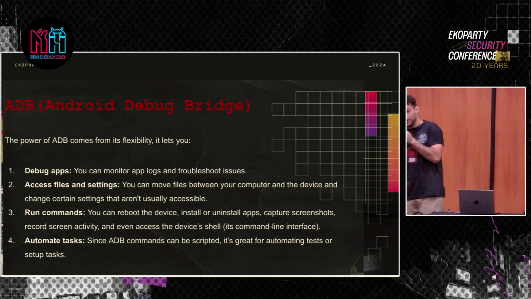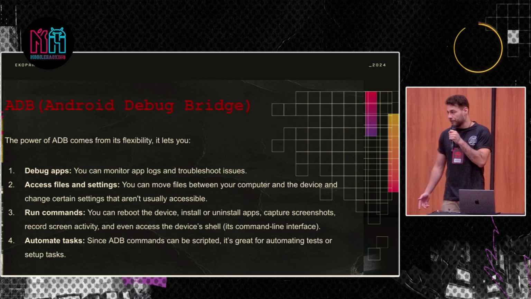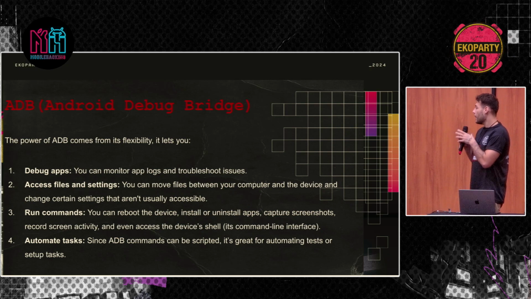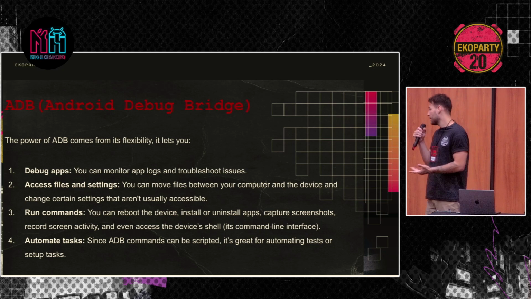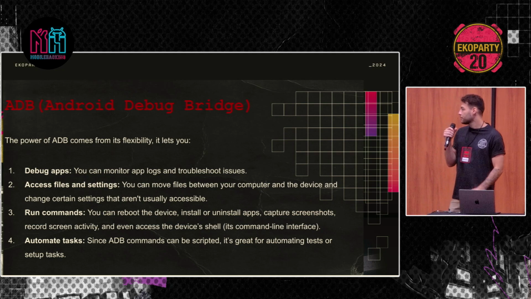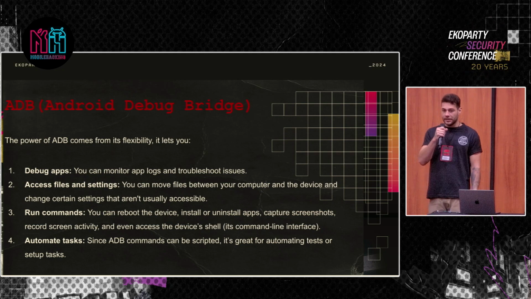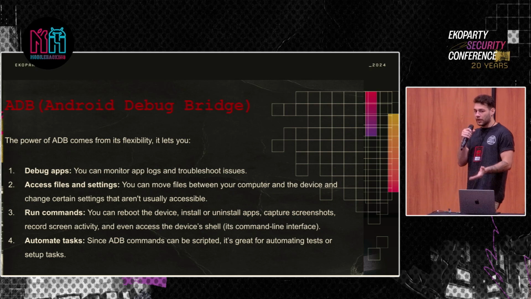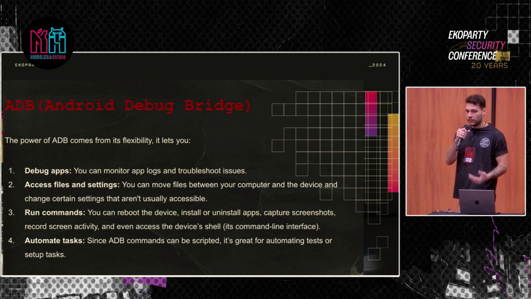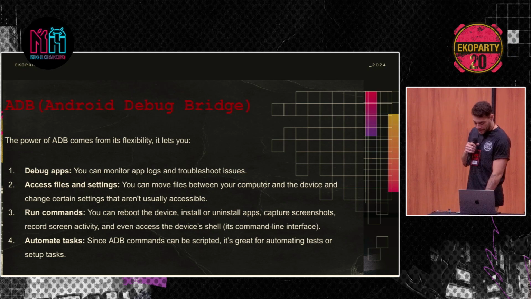You can access files and settings. You can pull and push files from your device. You can run commands. You can reboot the device. You can install and uninstall applications, capture screenshots, and so on. And of course, you can automate tasks, since ADB is kind of simple. You can run it in your terminal, then automate it within a script. It can be scripted, all right?